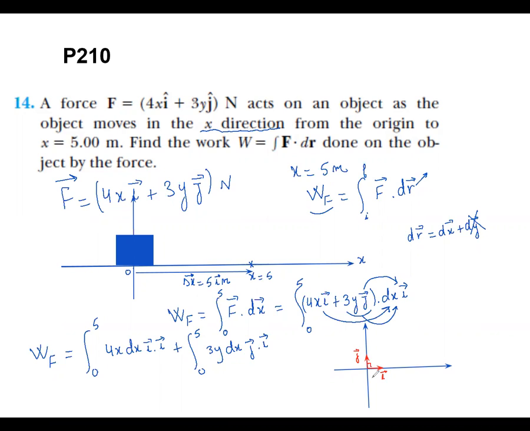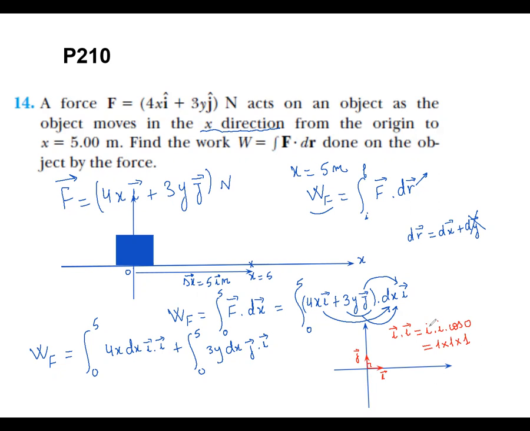So i dot i equals the magnitude of i times the magnitude of i times cosine of the angle between them. The angle between i and i equals 0, so cosine 0. Here we get 1 times 1 times 1. Why?